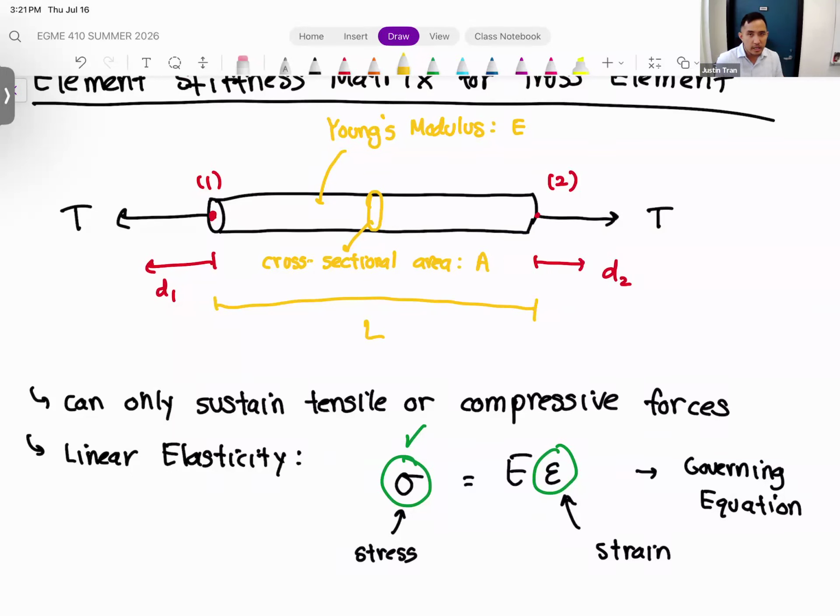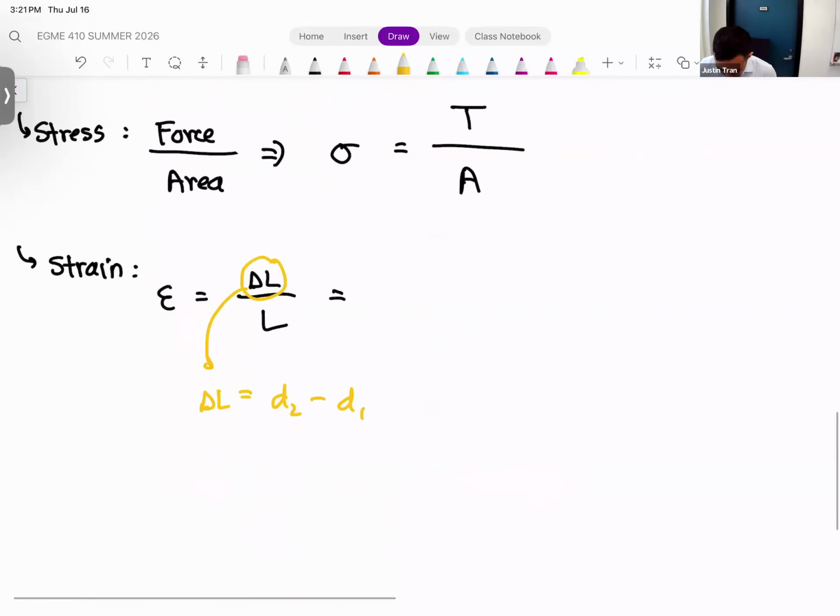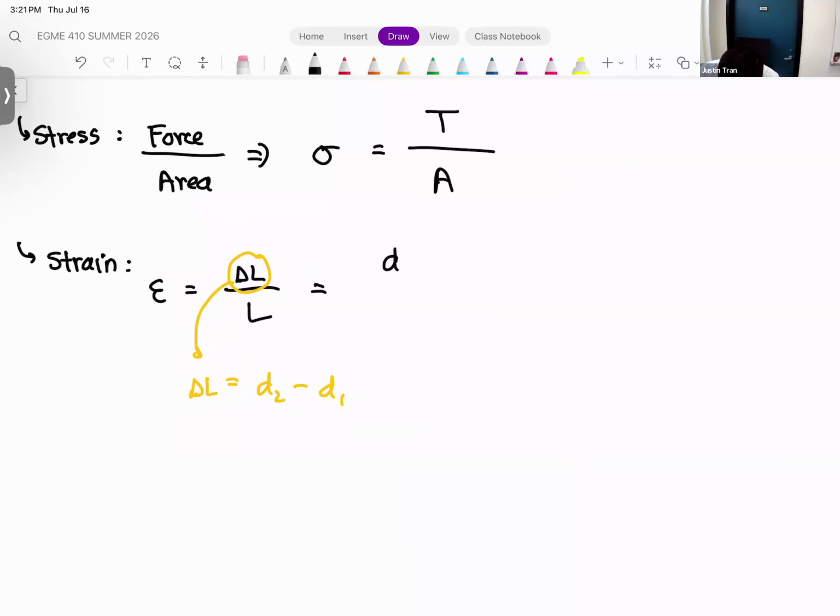And D1 is the amount that node 1 is moving to the left from its resting position. If we take D2 minus D1, that is equivalent to the change in length. Makes sense. And so our strain, we can then express as D2 minus D1 divided by L.